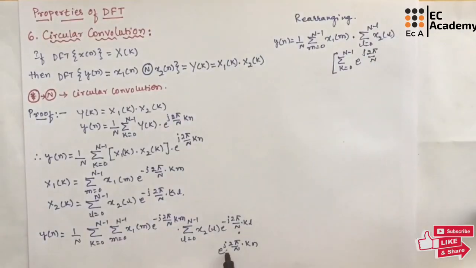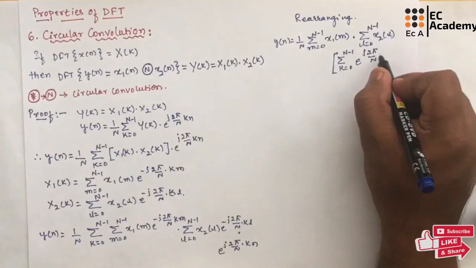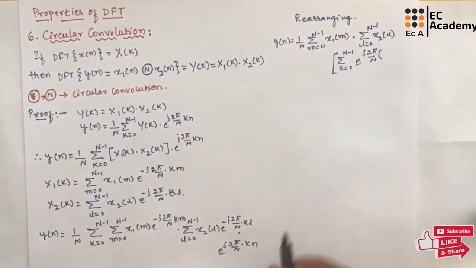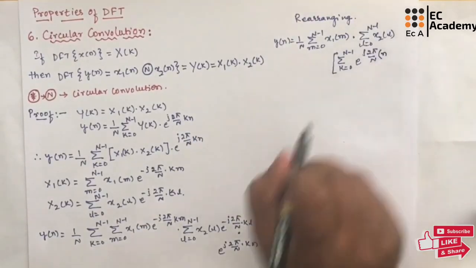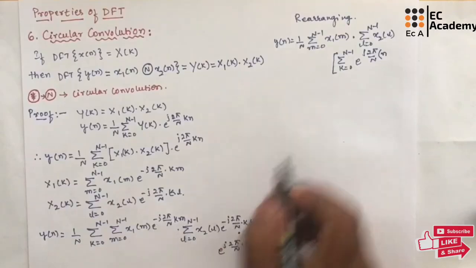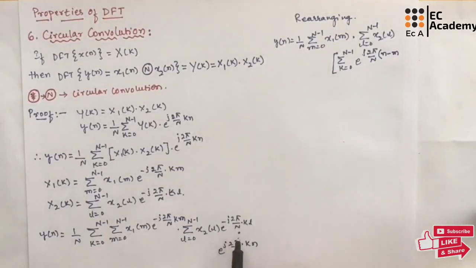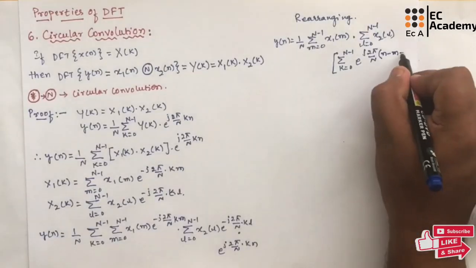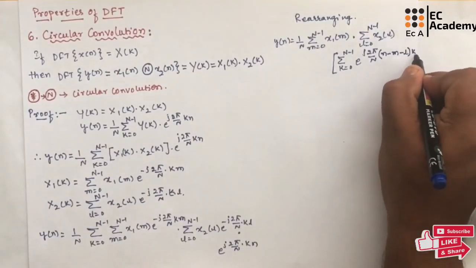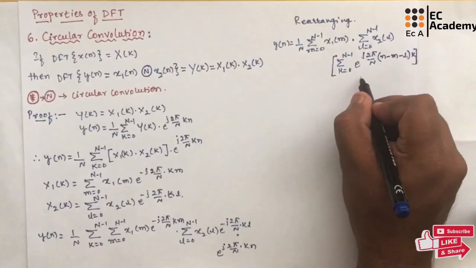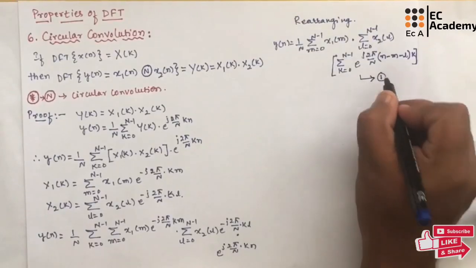So we will take e to the power of j 2 pi by n common in all these terms. So from this we can write n. So from this term we can write minus m, and from this term we can write minus L into K. Let us call this as equation number 1.